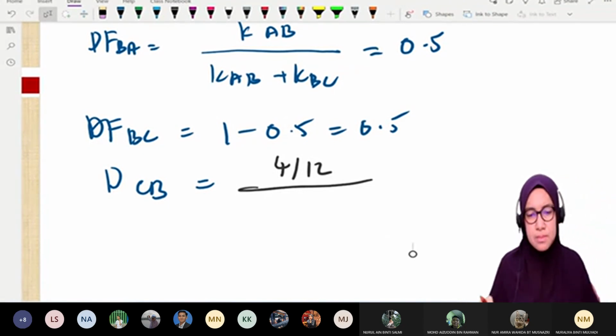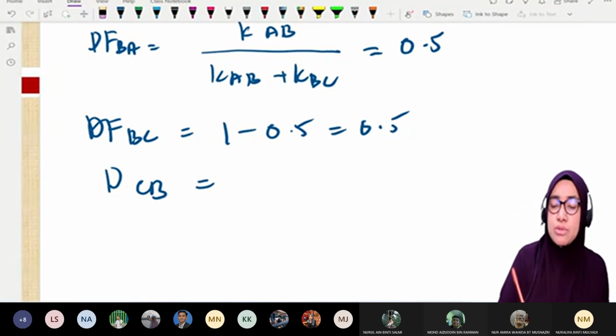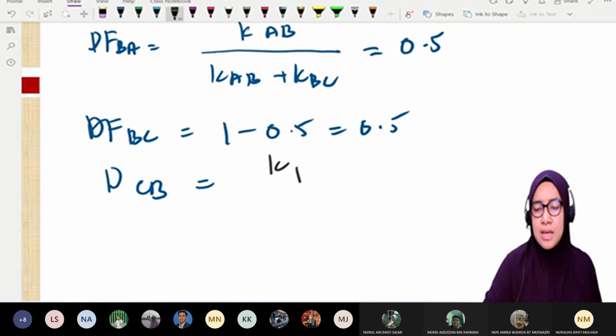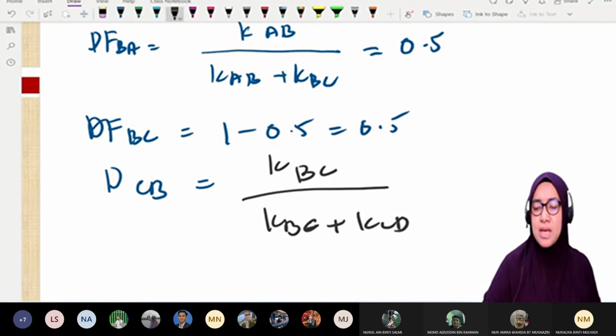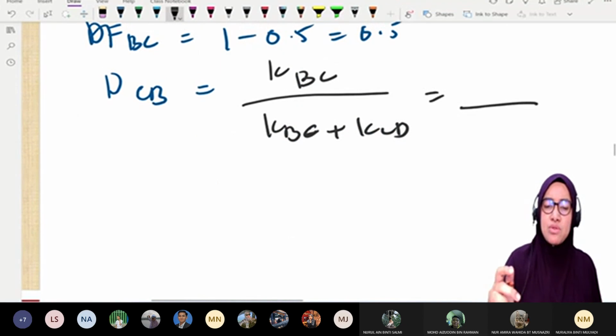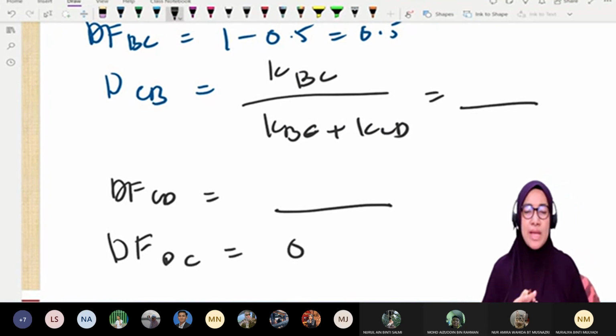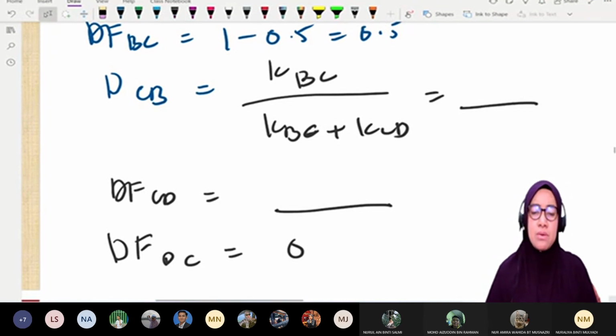Here. The formula we will do in Excel later. The formula is KBC divided by KBC plus KCD, so we will get this value. Same for DFCD, we get this value. DFDC equals 0. So in summary, I want to show in Excel how to calculate this easily. So I will open Excel.